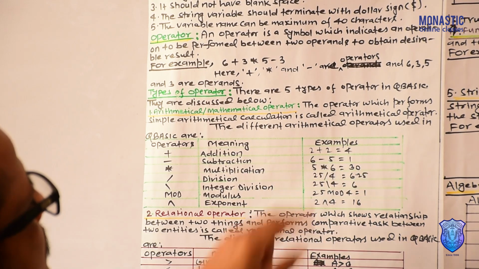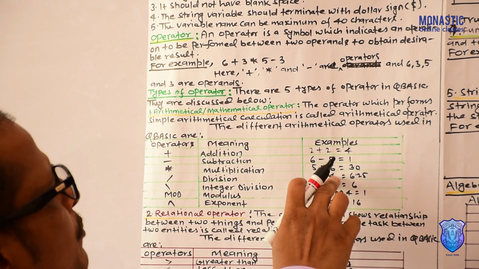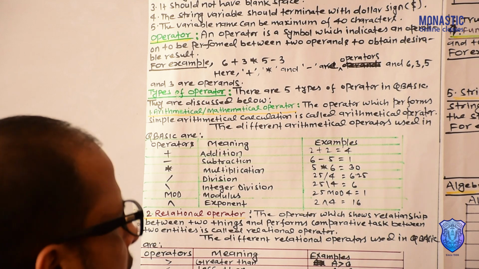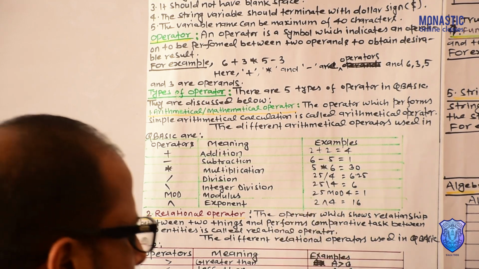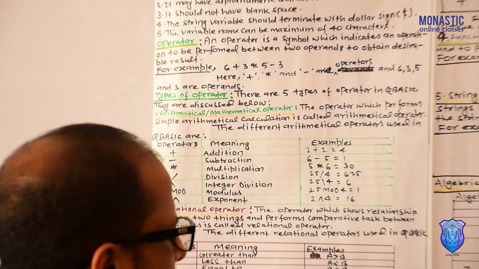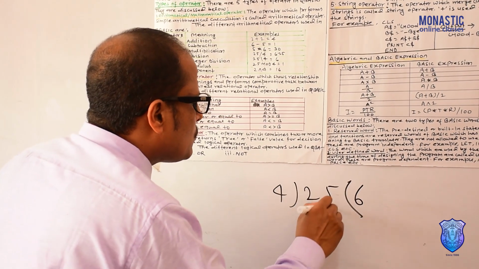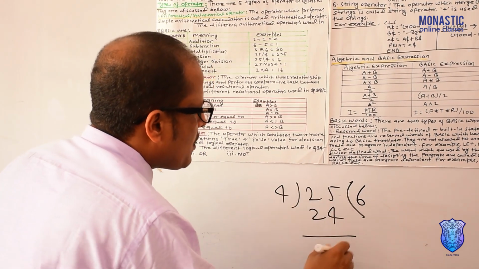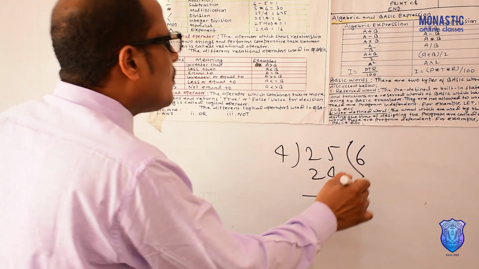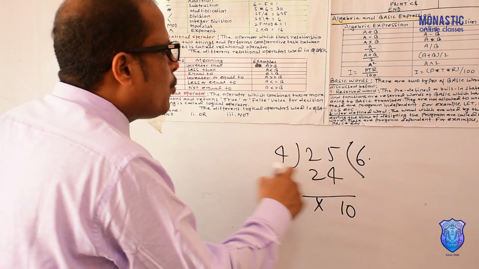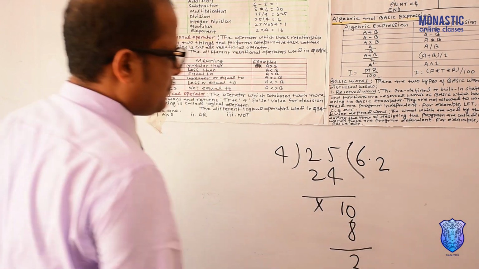Now, 25 division 4. This is division, and it returns the quotient. 4 sixes are 24, remainder 1.